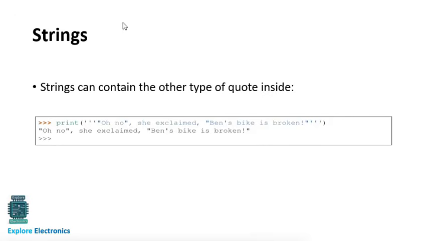For example, if I take print, inside that I put the double quotes: oh no, she exclaimed, Ben's bike is broken. Here you have used the double quotes and a single quote, Ben's bike. It will take that also. The output is: oh no, she exclaimed, Ben's bike is broken. You can use quotes inside the double quotes also.